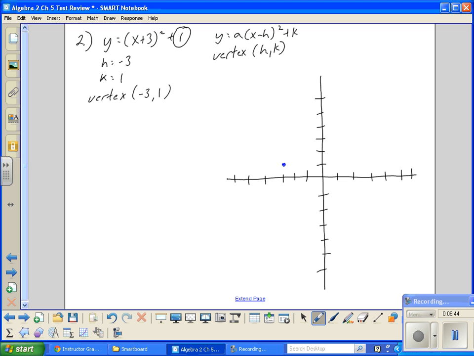And so then from there, once I've got my vertex, it's just like the other one. We're going to pick 2 points on one side of the axis of symmetry, that line that goes through the vertex. And so I'm going to go to the right and use negative 2 and negative 1.